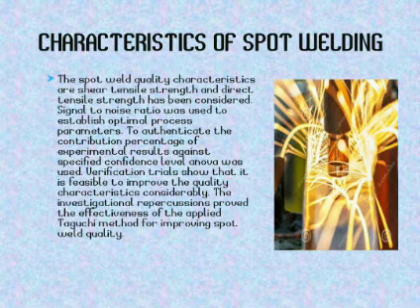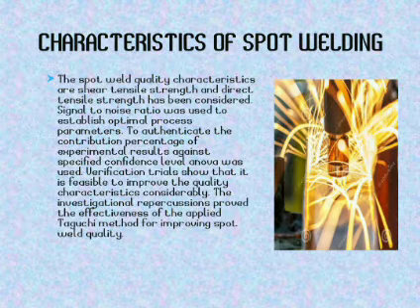Verification trials show that it is feasible to improve the quality characteristics considerably, and the experimental results prove the effectiveness of the applied Taguchi method for improving spot weld quality.